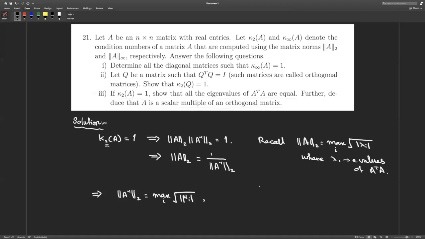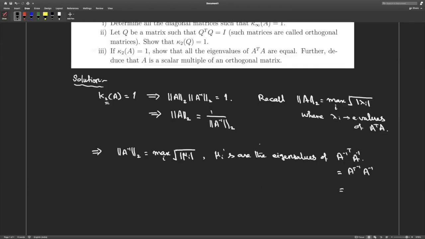What are the mu i's? Mu i's are the eigenvalues of the matrix A inverse transpose A inverse, which is equal to A transpose inverse into A inverse, that is equal to A transpose inverse, right? So mu i's are the eigenvalues of the matrix A transpose inverse.